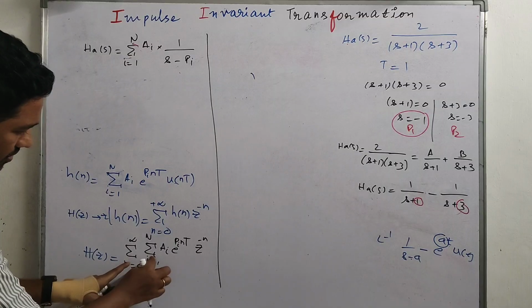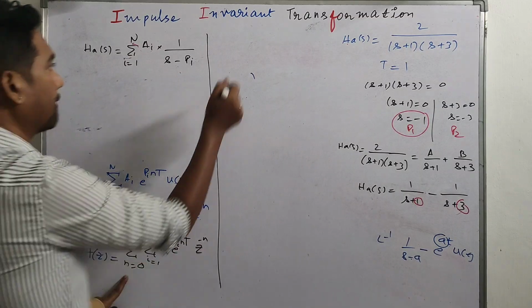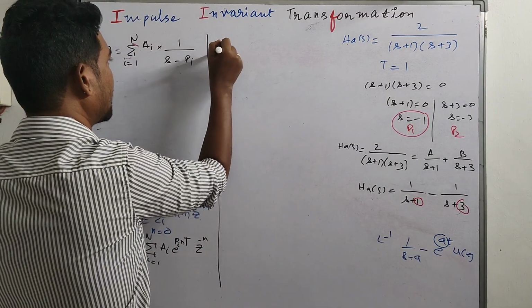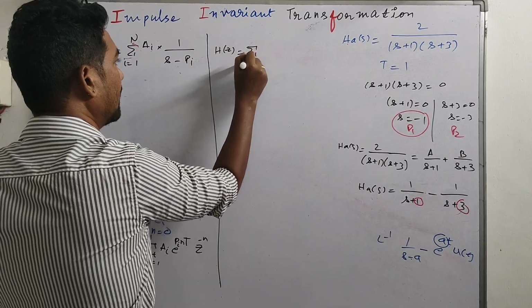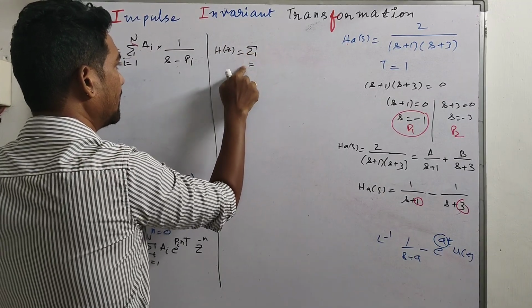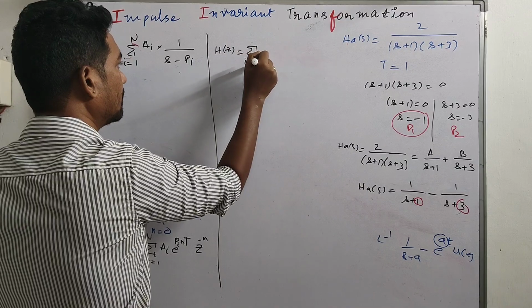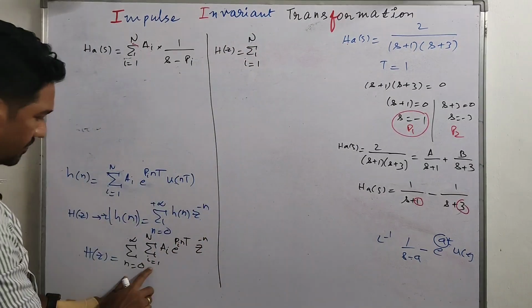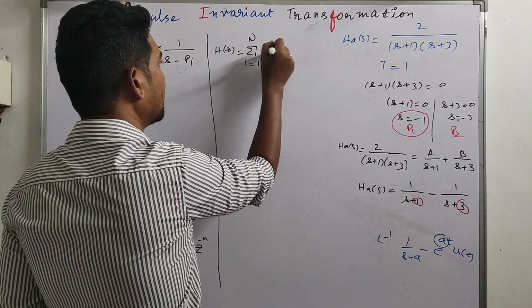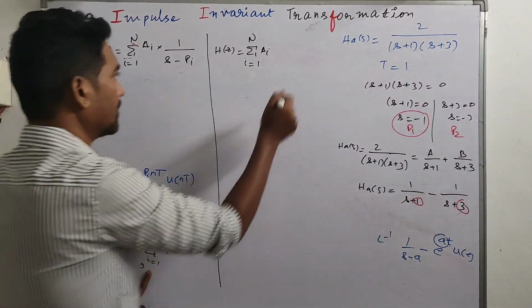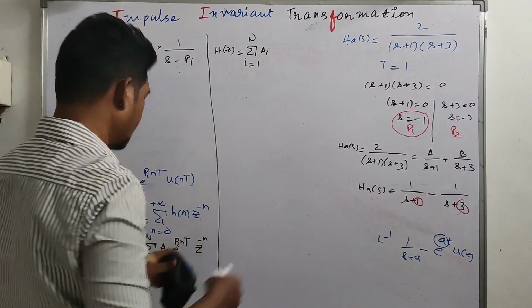We can interchange the summation. So we are trying to evaluate H(z), which is summation i equal to 1 to n, this summation. We can interchange the summation, a_i also as it is, and even this can be done in maths.